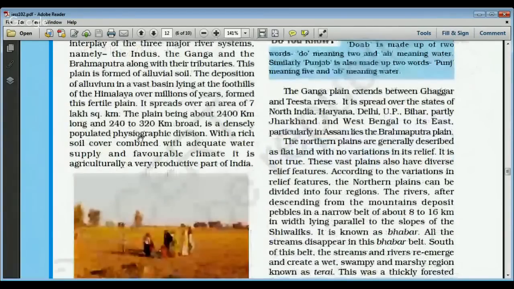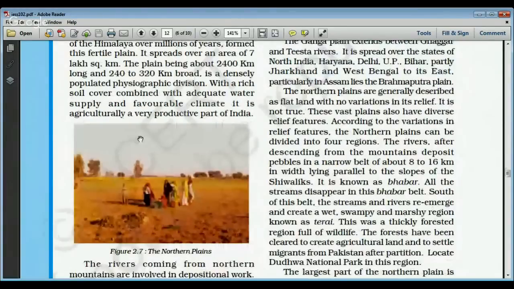And then the Ganga plains extend between the Ghaggar and Teesta rivers, and they are spread over the states of North India. That is Haryana, Delhi, UP, Bihar, and some part of Jharkhand and West Bengal to the east. And then the northern plains are generally described as flat land with no variations in relief.